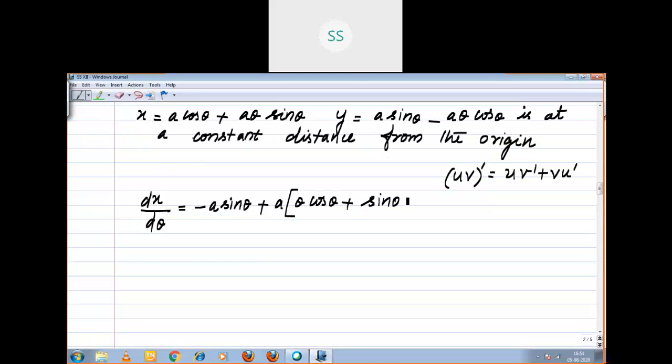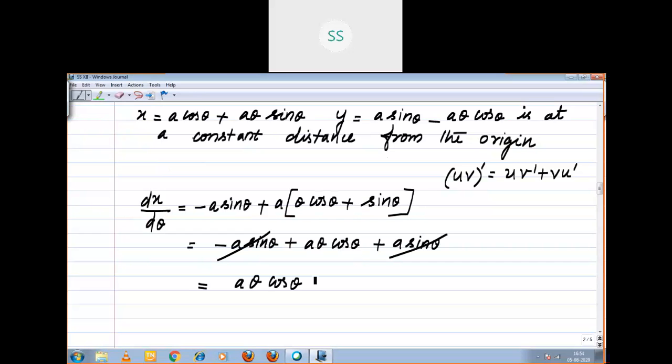When you differentiate theta with respect to theta, you will get 1. Now you are going to simplify. Minus a sin theta plus a theta cos theta plus a sin theta. Plus a sin theta minus a sin theta cancel. You arrive at a theta cos theta.